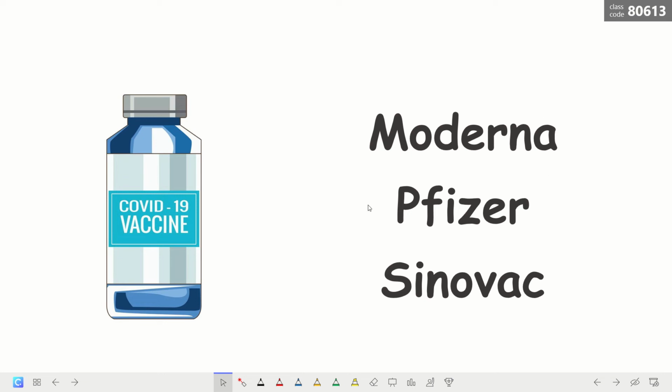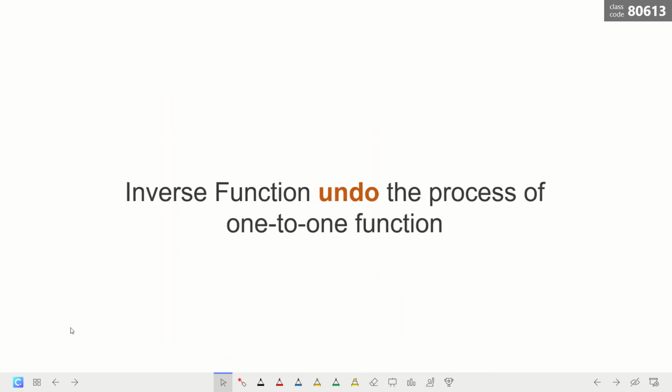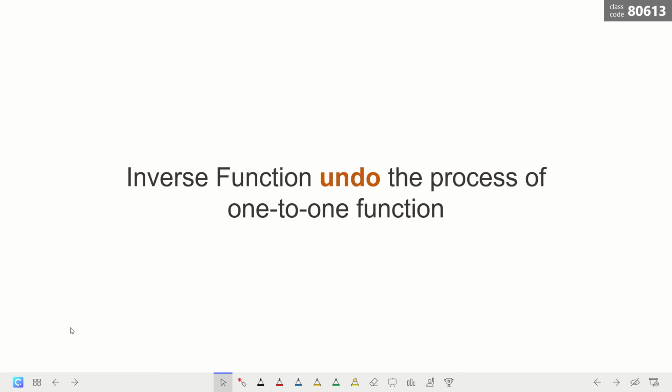So they undo it in order to understand the process. So this is the same concept of how inverse function works. So inverse function undoes the process of a 1-to-1 function.